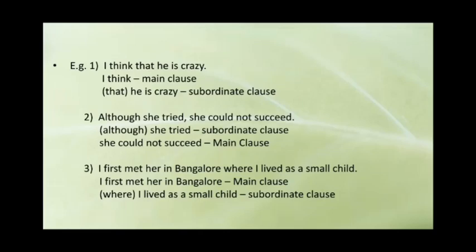She could not succeed. So she could not succeed is complete. Okay, it makes sense and it stands on its own. So that is why she could not succeed becomes the main clause, and although she tried becomes the subordinate or dependent clause.